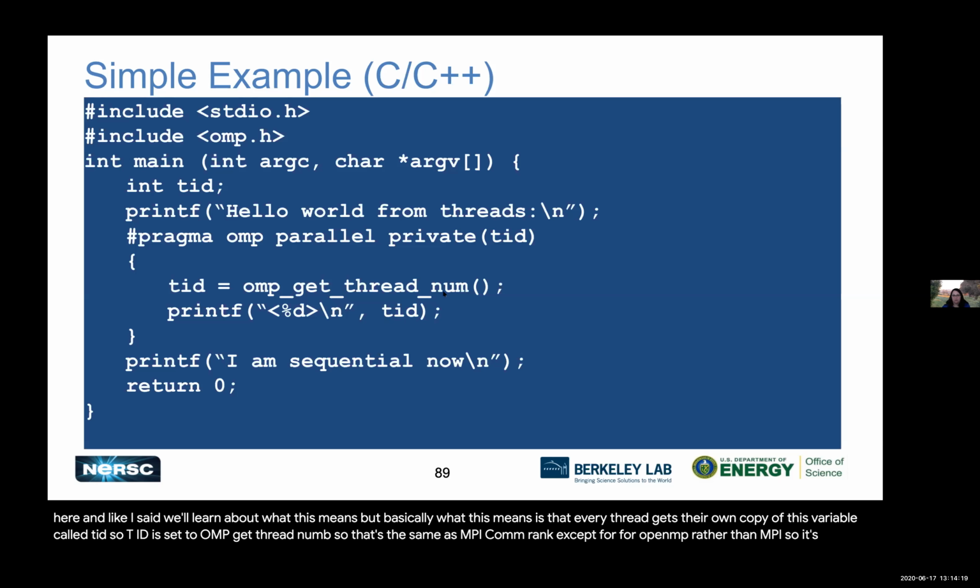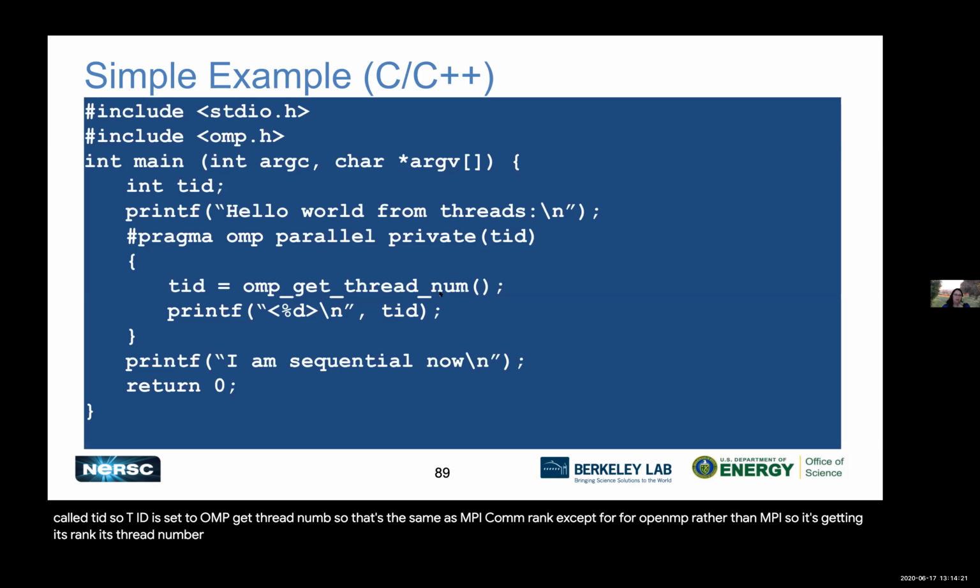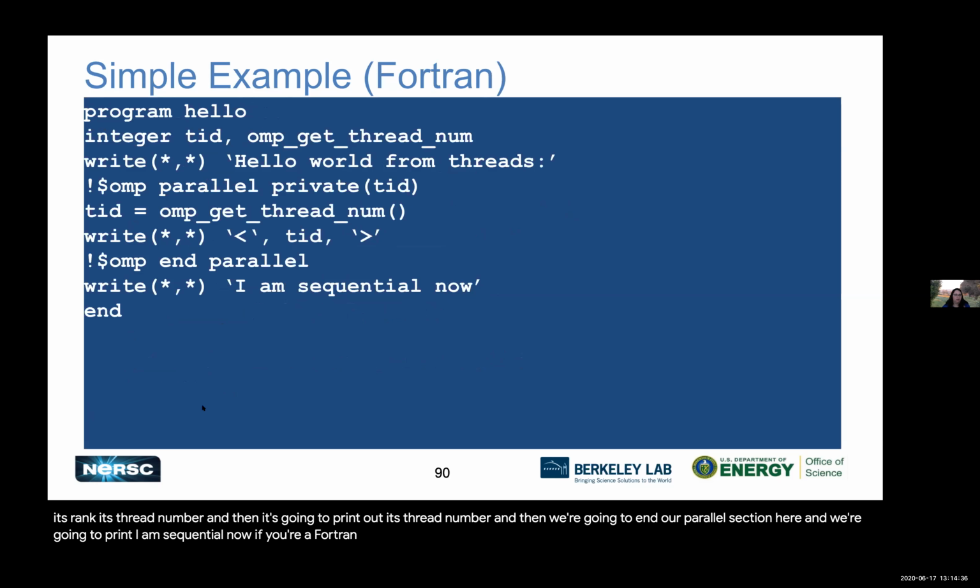So it's getting its rank, its thread number. And then it's going to print out its thread number. And then we're going to end our parallel section here. And we're going to print I am sequential now and return 0. Okay, if you're a Fortran person, this is the same code, but written in Fortran.